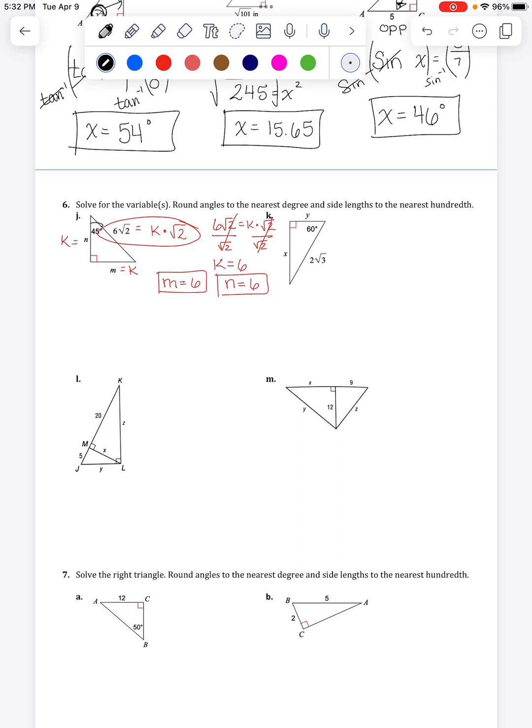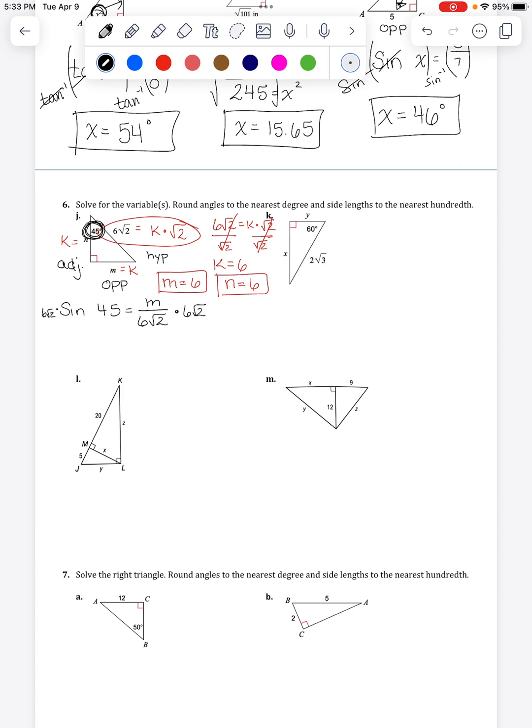Now, I could have done trig on this one. It would have worked out beautifully. Here would have been my angle of reference. This would have been the opposite, this would have been the adjacent, and this would have been the hypotenuse. I would have set up the trig ratios if I was solving for m first, for example: sine of 45 equals m over 6 square roots of 2.